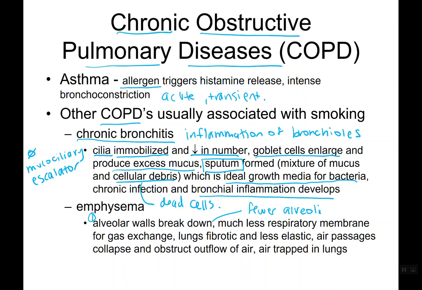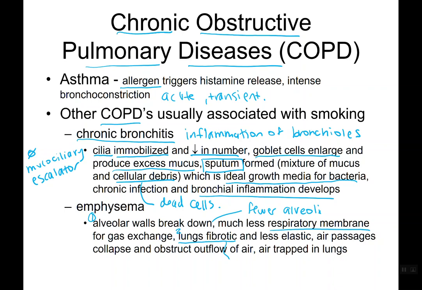Back to anatomy. So the result is you get much less respiratory membrane, so less surface area for gas exchange, which means that you're simply incapable of taking up as much oxygen. That's bad. Secondary to that, so this is a secondary or chronic complication, is that in response to constant damage, your lungs attempt to repair the damage with scar tissue.